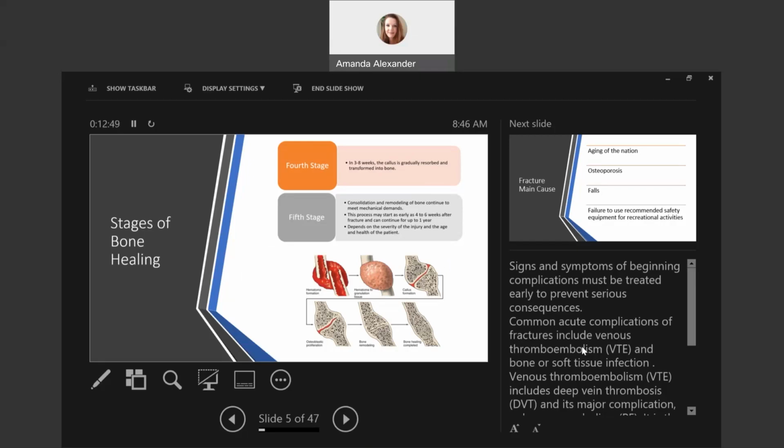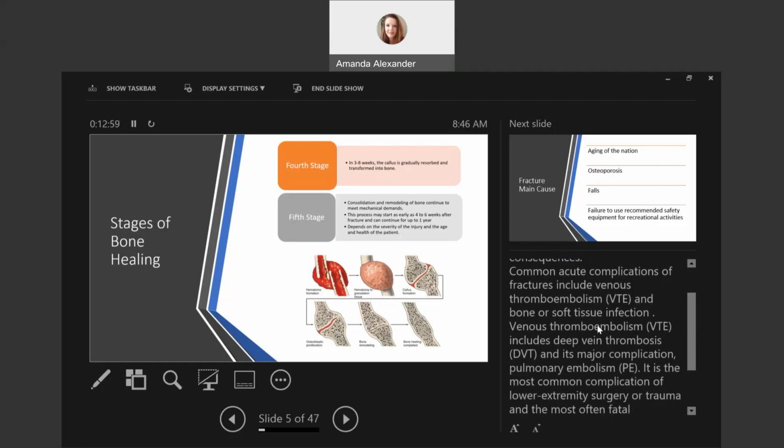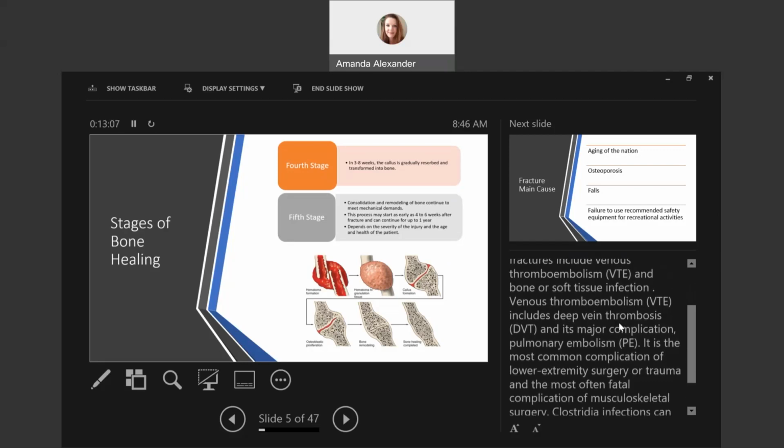Some important things to remember about fractures. We're going to look for signs and symptoms of beginning complications that must be treated to prevent serious consequences. Common acute complications of fractures include venous thrombosis and bone tissue or soft tissue infections.